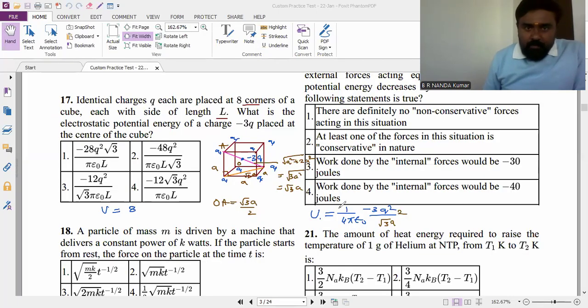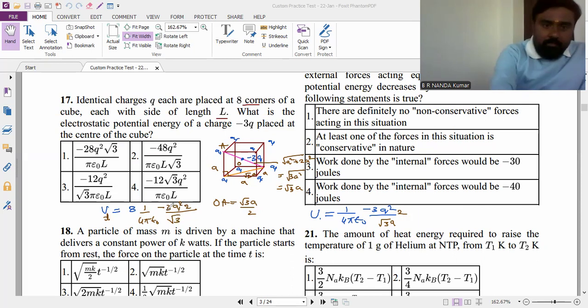Now we substitute this value. This is the total electrostatic potential energy: 1 divided by 4 pi epsilon naught times minus 3 Q square, times 2, divided by root 3 a.